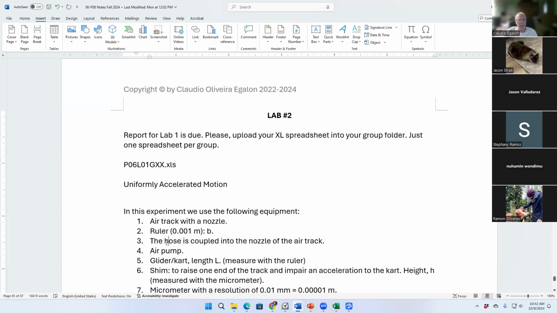And then what else do we have? Then we have an air pump. The air pump is going to blow the air through the hose, through the nozzle, and into the hollow air track.